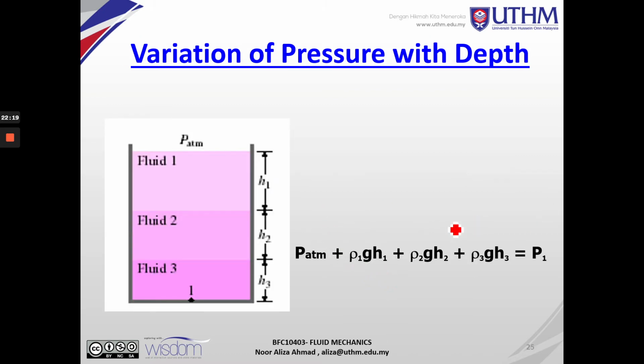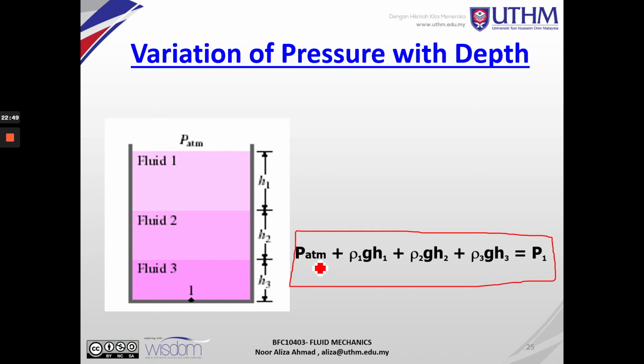So this is the variation of pressure with depth, with 3 different depths and 3 different fluids. Using this equation, the pressure at point 1 is equal to atmospheric pressure plus the pressure of fluid 1, fluid 2, and fluid 3.